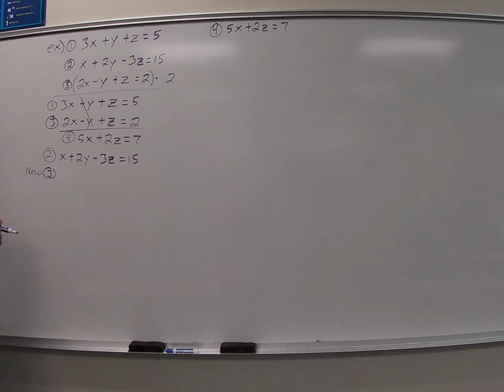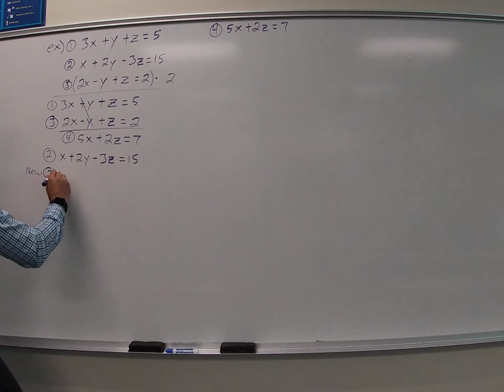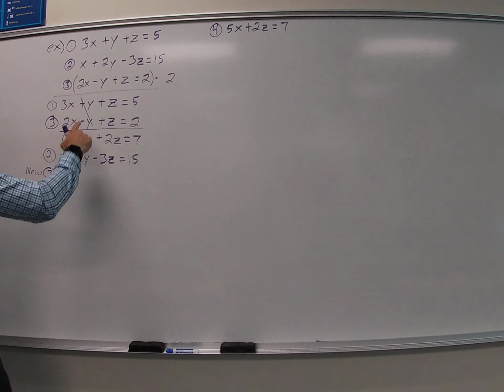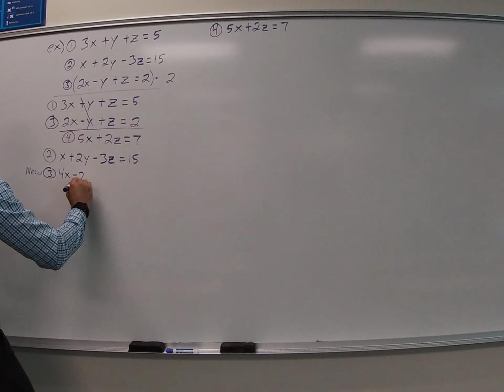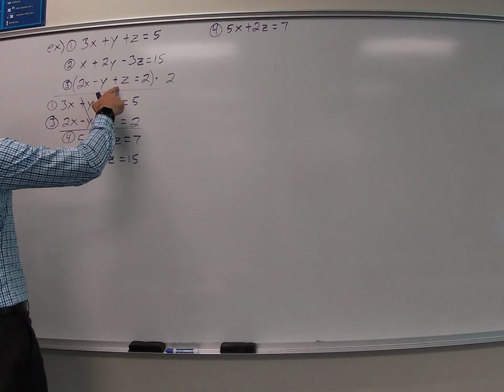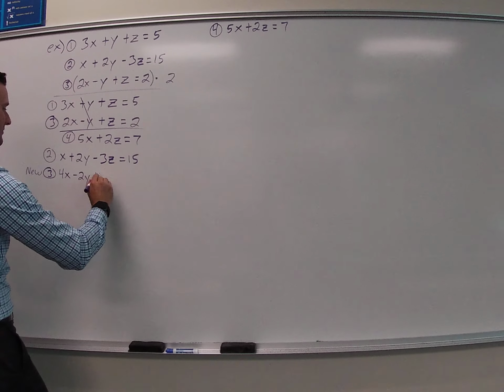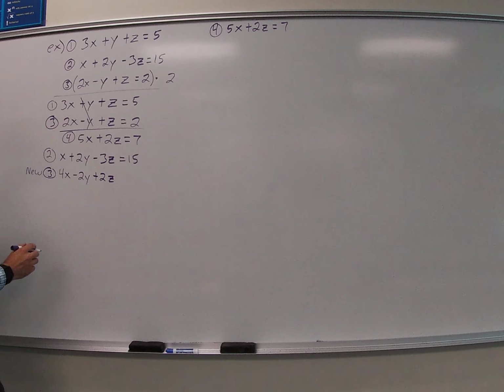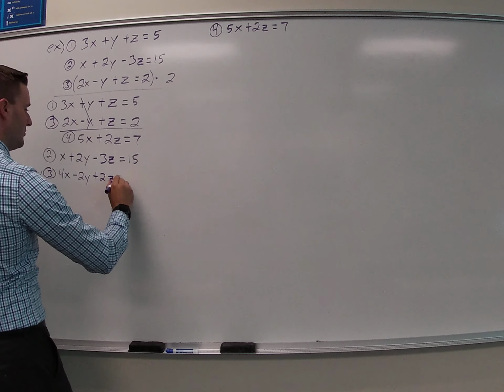Okay, so my new line 3, after I multiply by 2, 2x times 2 gives me 4x. Negative y times 2 gives me a negative 2y, which means those will cancel out. That was our goal. Positive 1z times 2 gives me a positive 2z. And then finally, this is going to equal 2 times 2, which is 4.